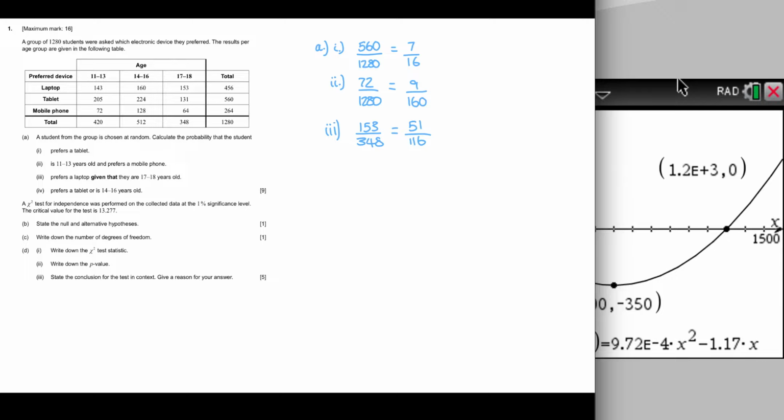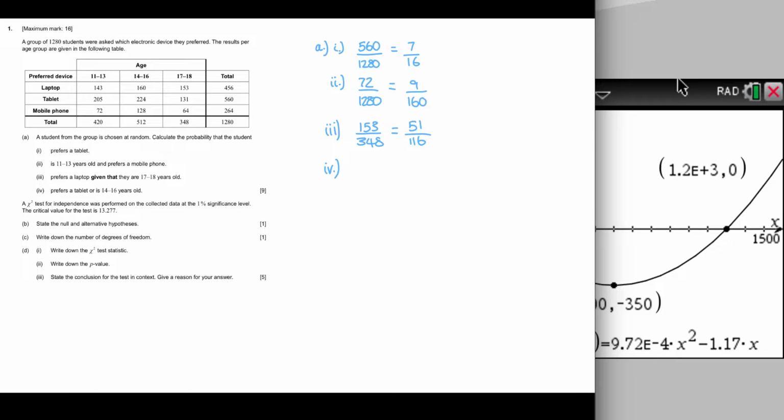And then the last one is prefers a tablet or is 14 to 16. If they prefer a tablet or 14 to 16, then I can add them together, but I also need to realise that I'm going to have counted one of them twice. That's the people that are both 14 to 16 and prefer a tablet. So I've ended up counting this 224 twice.